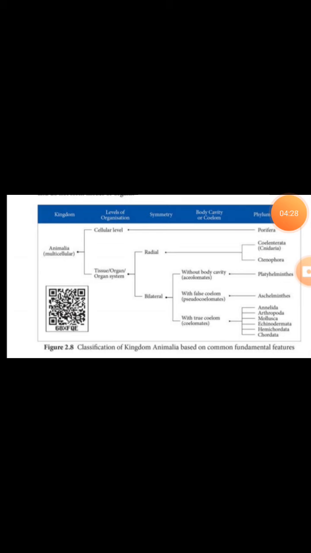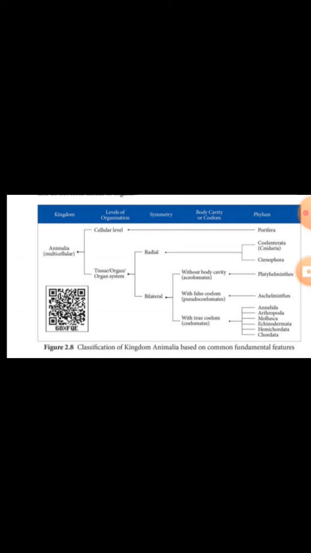So this way the animal kingdom Animalia is classified based on unicellular or multicellular level, and symmetry, radial or bilateral respectively. Radial symmetry, for example, Cnidaria and Ctenophora; bilateral symmetry, all the other organisms. Then another basis of classification, body cavity or coelom.